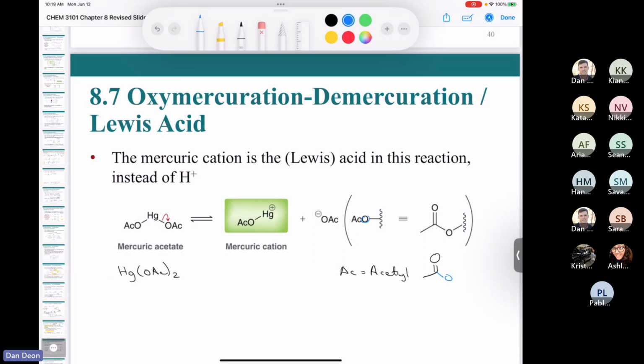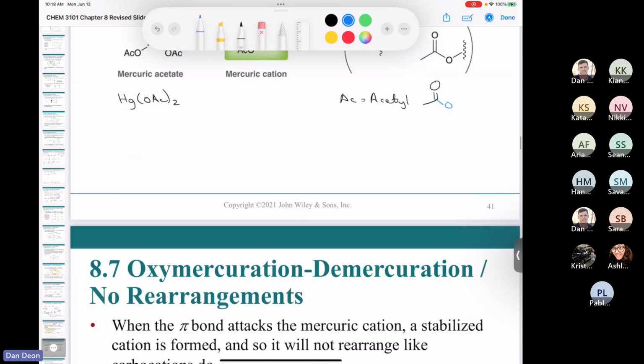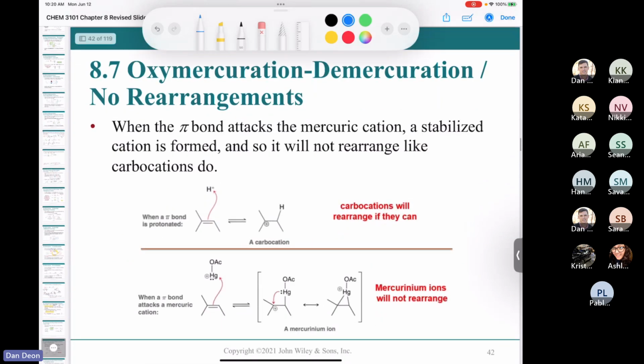But you can imagine this is a good electrophile, right? It's got a positive charge baked into it, so it's hungry for electrons. And so what's going to happen is, you remember how the pi bond could act like a base? Well, or it can act like a nucleophile.